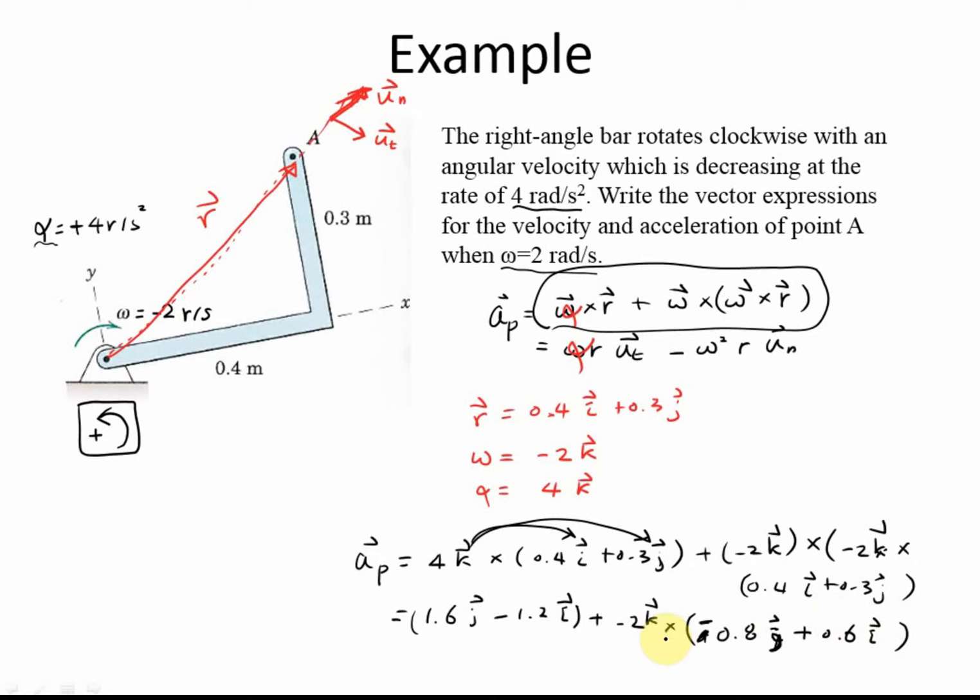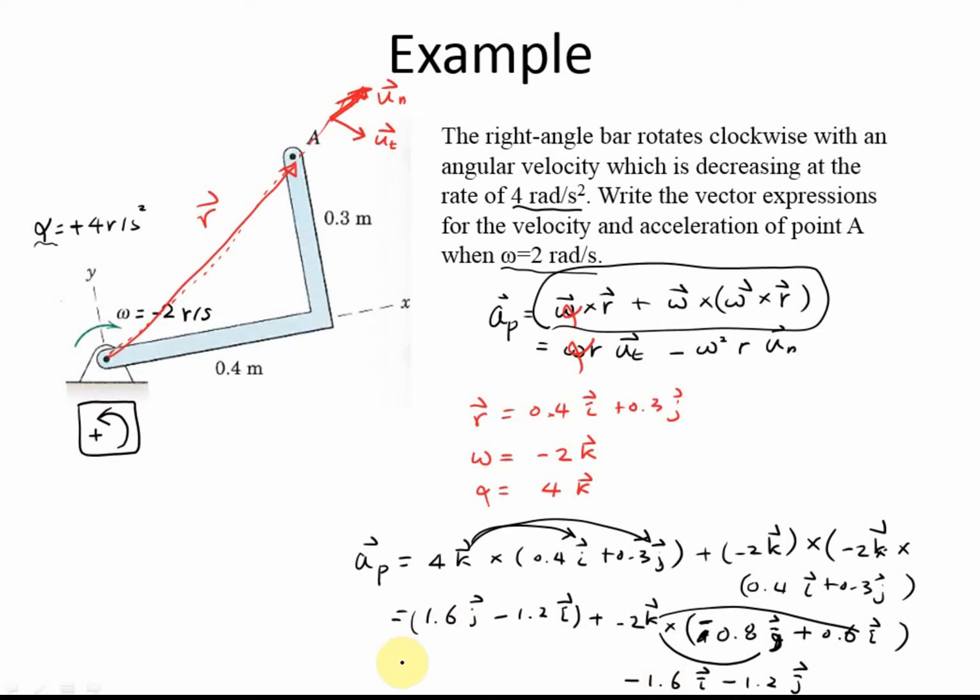And then we have one more k cross j. k cross j is negative i, right? But we have negative, negative, positive, and one more negative, which is minus 1.6 i. And then k cross i is j, but we have a negative here.